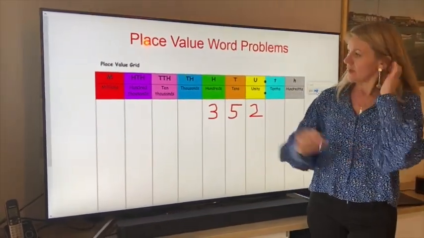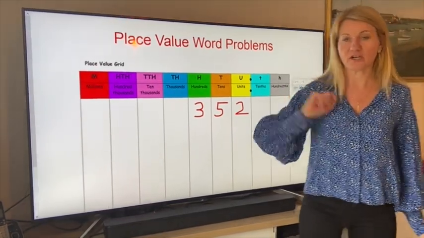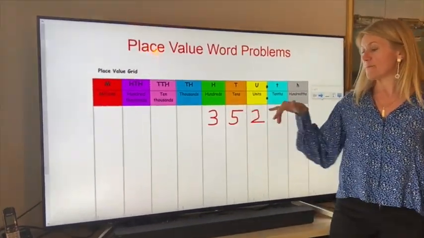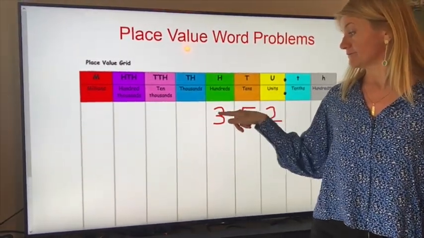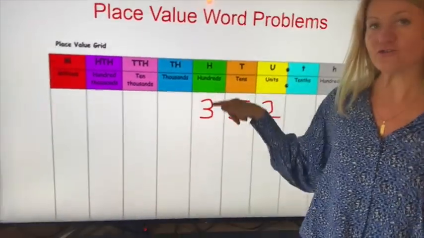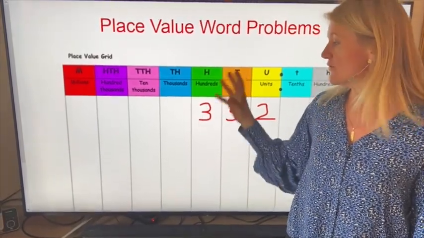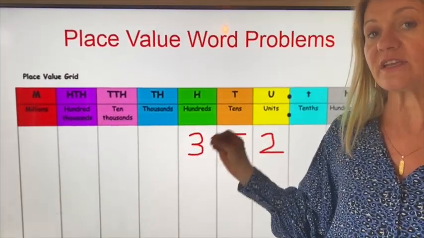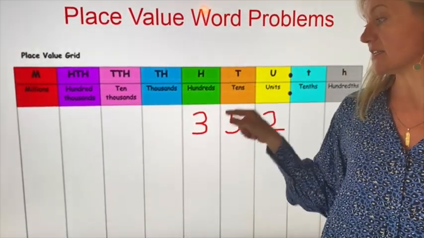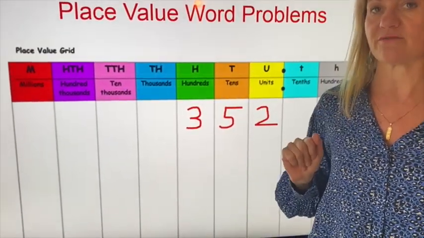So here we have a place value chart. We have 3 numbers placed in that chart. The number 3 is placed in the hundreds column. So the value of that number in the hundreds column is 300. The number is 3, but the value is 300.